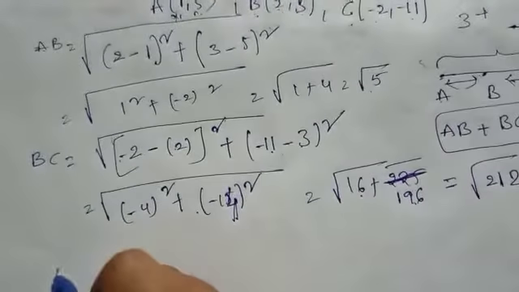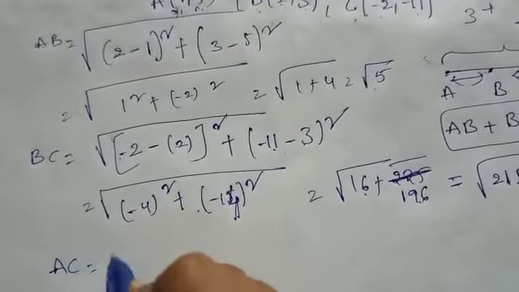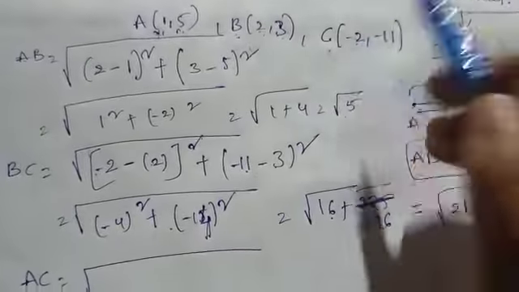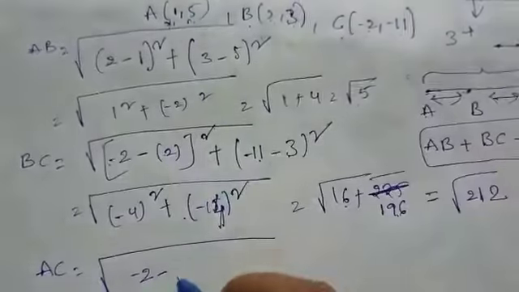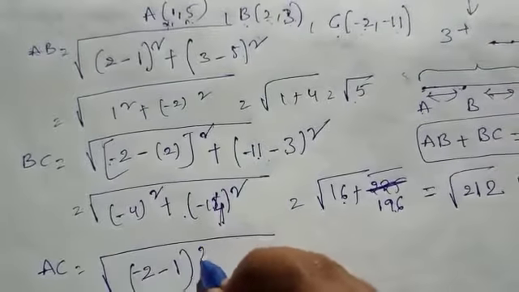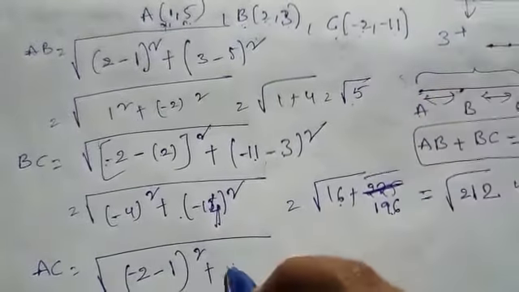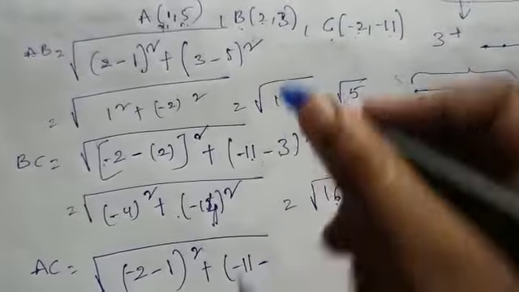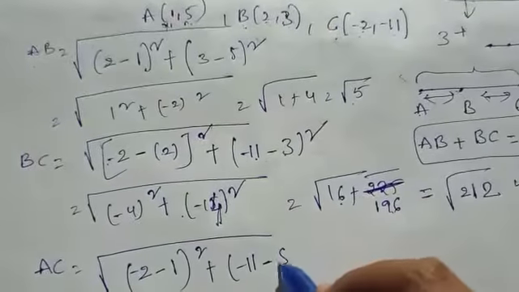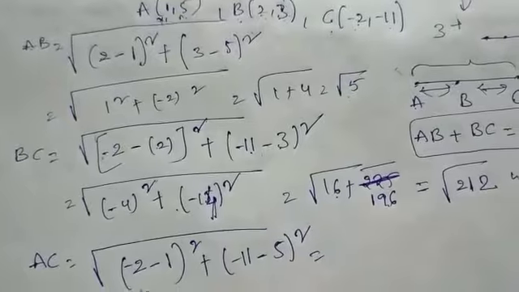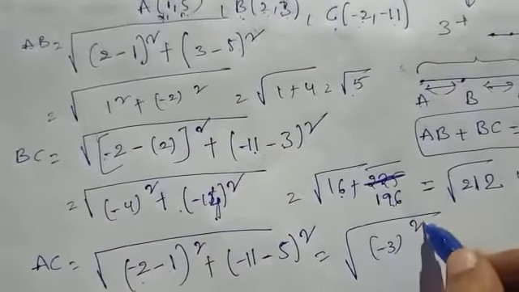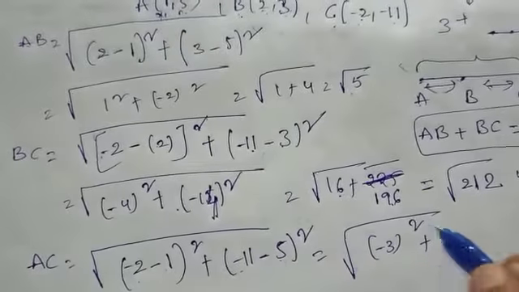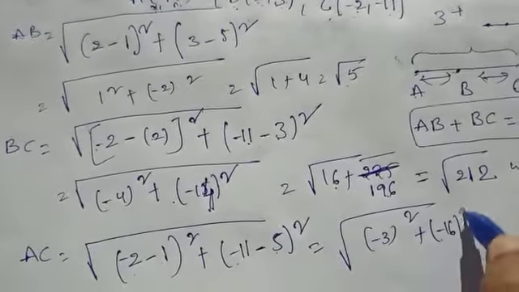Next, AC. The distance between A and C is equal to the root of x2 is -2 minus x1 is 1 whole square plus y2 is -11 minus y1 is 5 whole square. -2 minus 1 is -3 whole square, plus -11 minus 5 is -16 whole square.